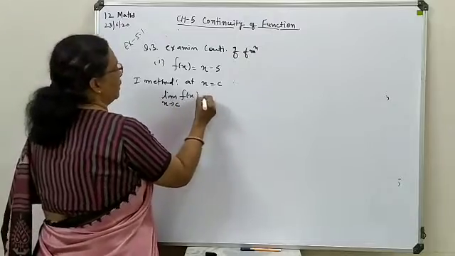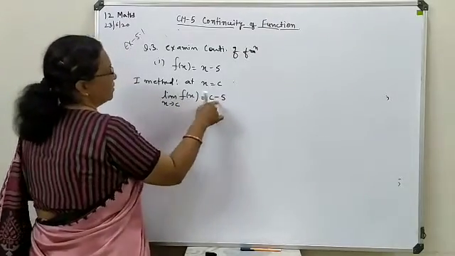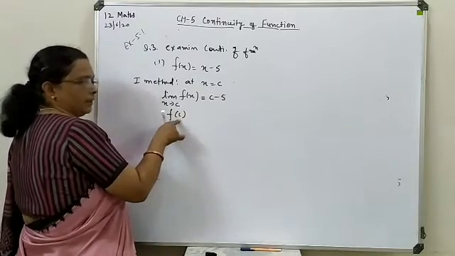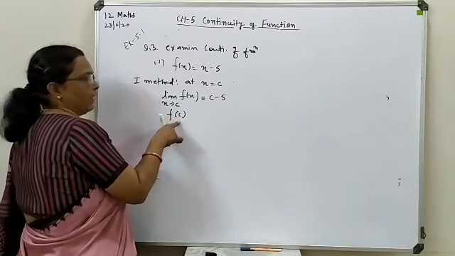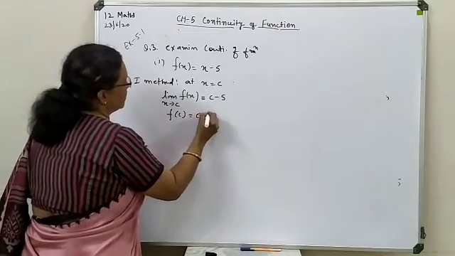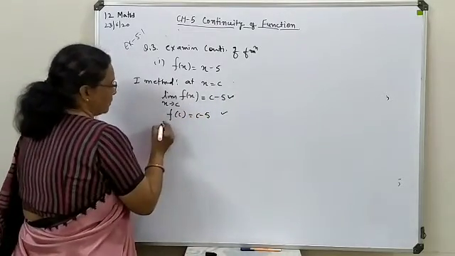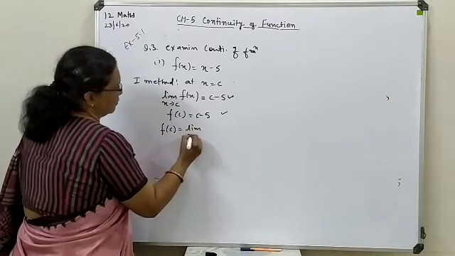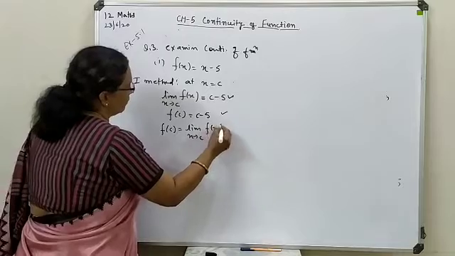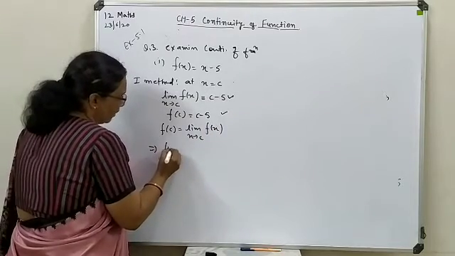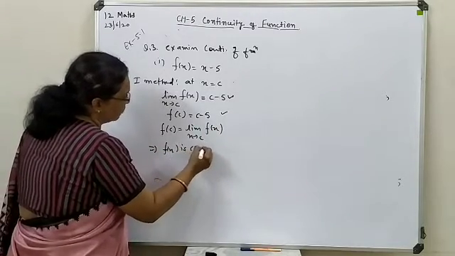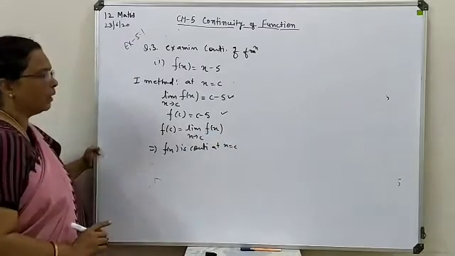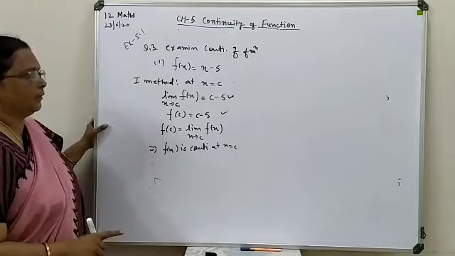In our case this will come out as c minus 5. The same thing you will find at c, the function value at c, that will also be the same, both are coming the same. That means here f(x) is continuous at x is equal to c, that is, at any point. This is one method you can implement.